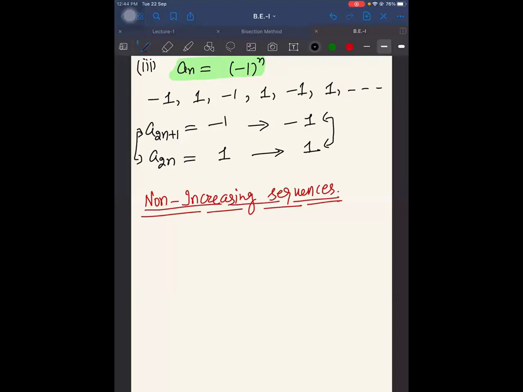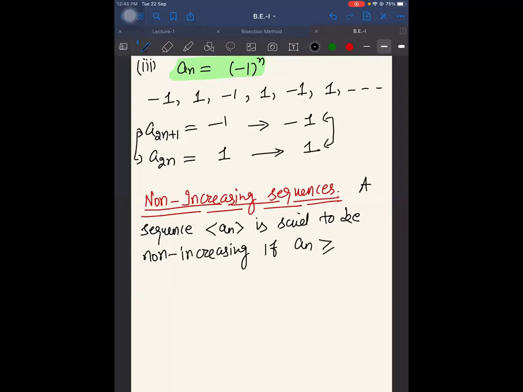A sequence an is said to be non-increasing if an is greater than or equal to an plus 1.